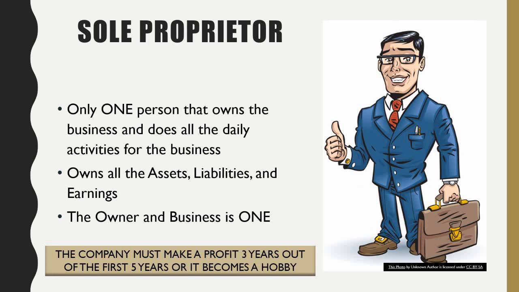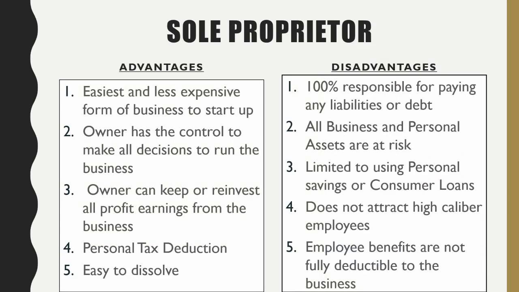And if you take those tax deductions in the first couple of years, they'll come back, audit you, and take that money back. So if you decide to go into business, know the rules and regulations.